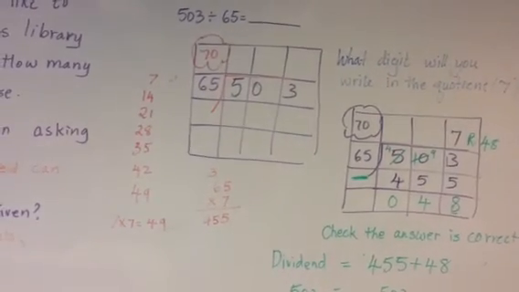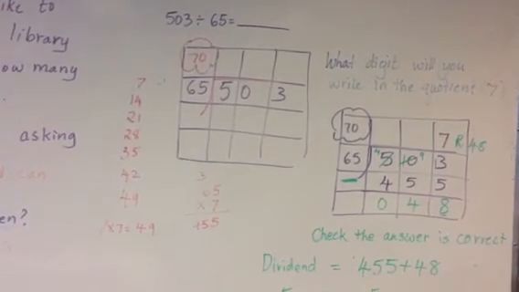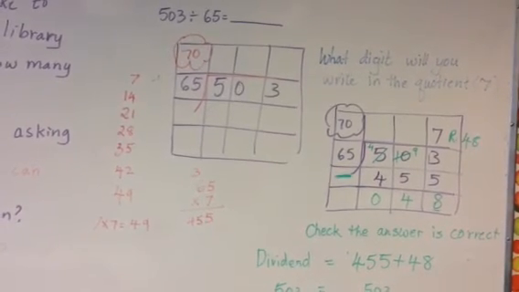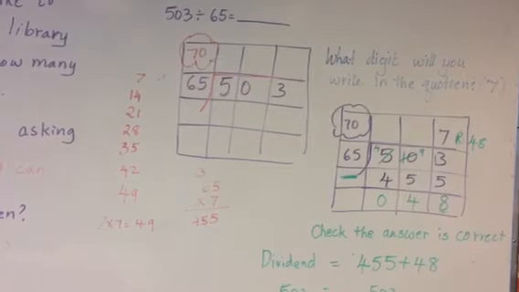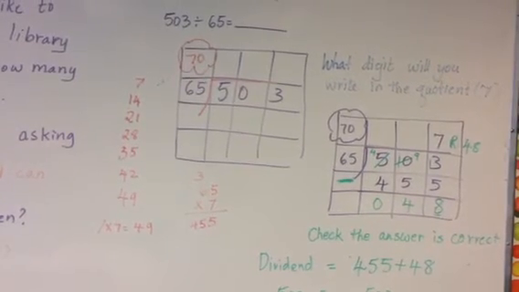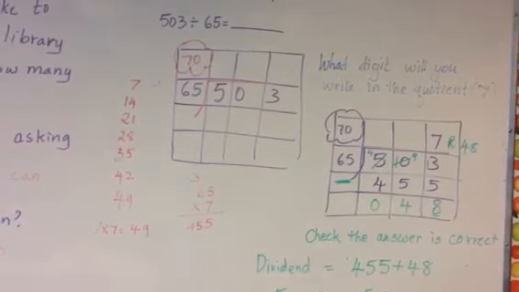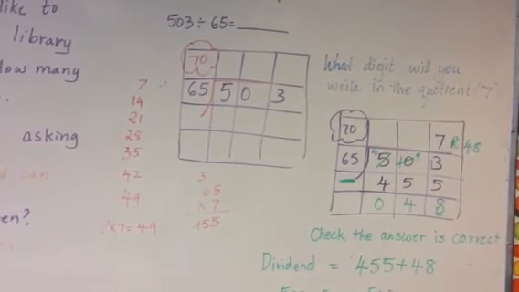So the first thing you have to do is round off 65 to 70. Then 7 goes into 50. 7 times 7 is 49. So yes, it can go 7 times. So I will multiply 65 times 7, and I got 455.